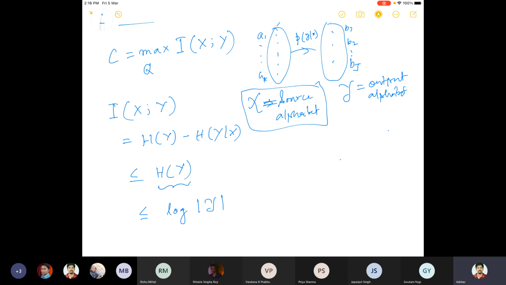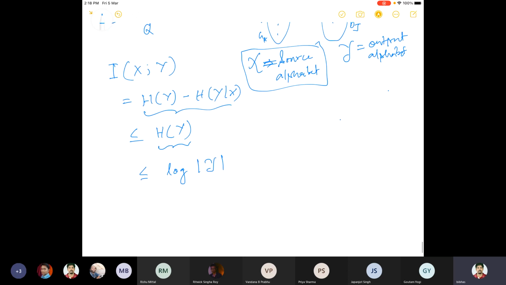Similarly, instead of using H of Y, you can also write the expression using X. We can show that I of X,Y is less than or equal to the log of the number of elements in X, the number of source letters.